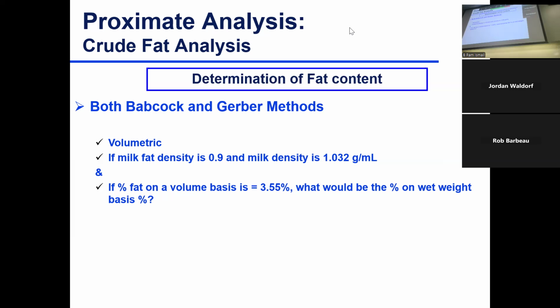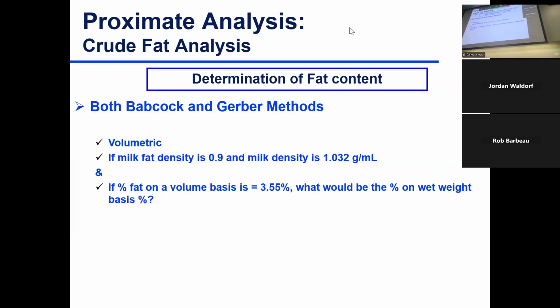So what's the density of fat? 0.9 grams per milliliter, correct? Is that what it said? Yeah. All right. And then the volume is 3.55 milliliter. So milliliter units cancel. Always remember to put your unit.